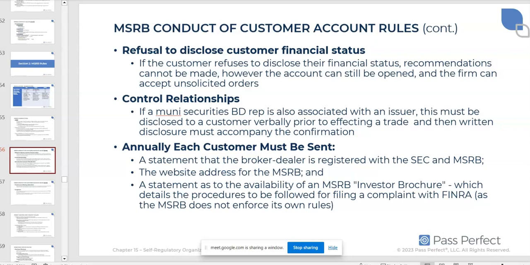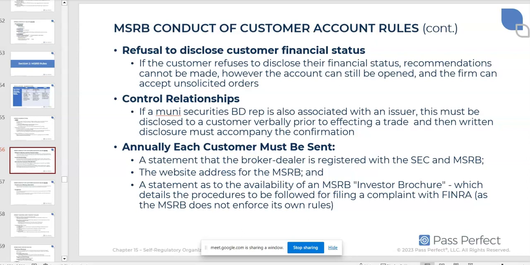The confirmation, remember, is basically the receipt of the trade, a one-sheet document that has all the details of the transaction. Annually, every year, just like there are rules FINRA has, customers must be sent a statement that the broker-dealer is registered with the SEC and MSRB. And they just say member or registered with the MSRB, not approved by, not endorsed by, not given authorization by.